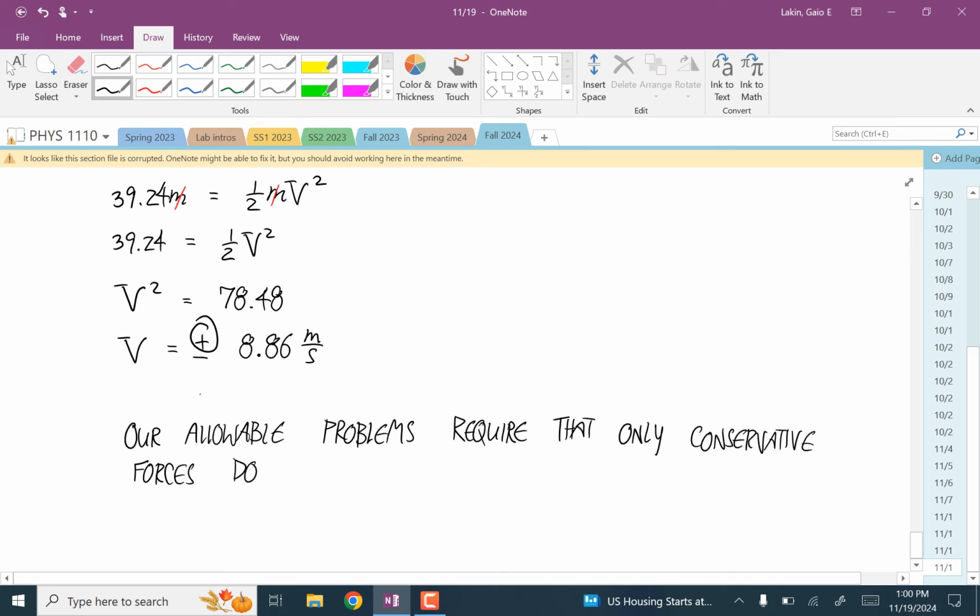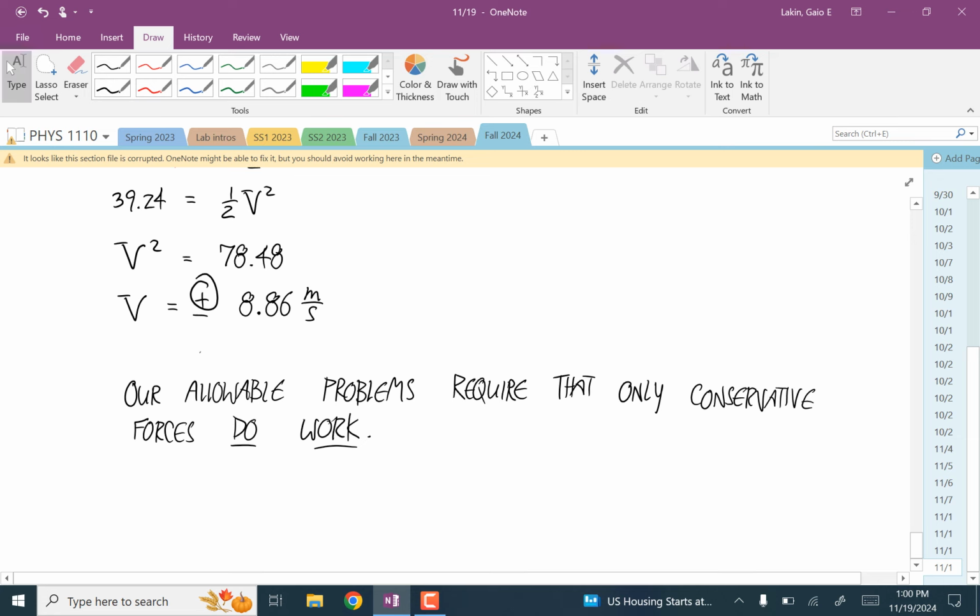It's not saying that there are only conservative forces present. So what that means is, we can have non-conservative forces as long as they do 0 work.